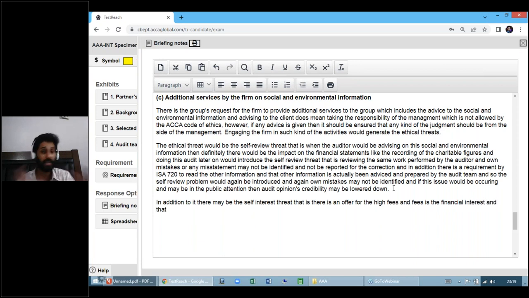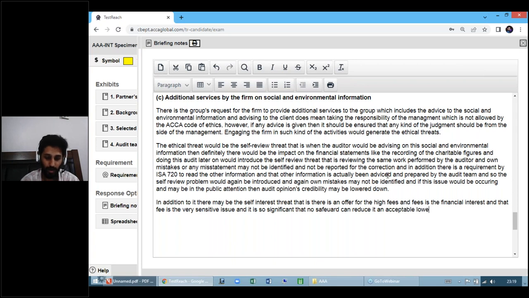This is so significant that no safeguard can reduce it to an acceptable low level. Fees are a very sensitive issue.